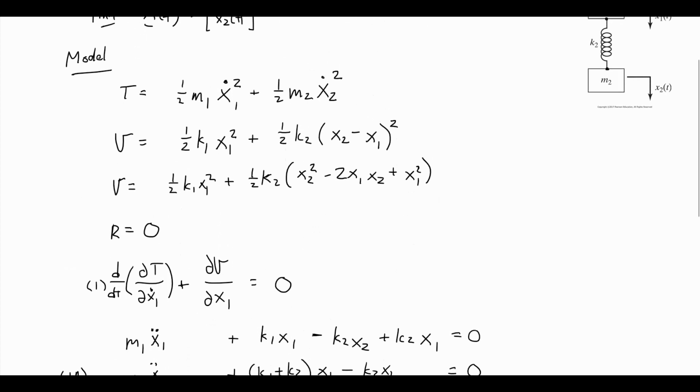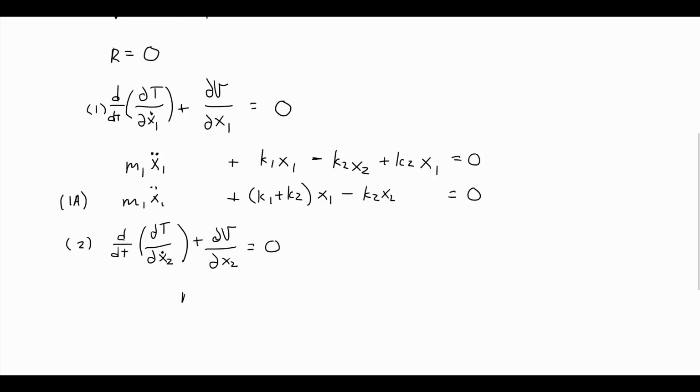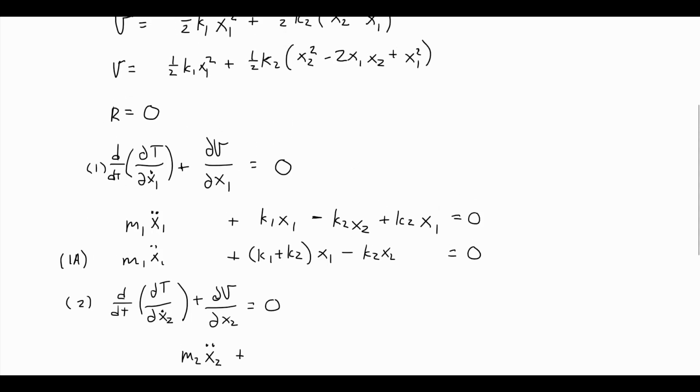Going back up, this is going to look very similar, m2 ẍ2. And now we differentiate V with respect to x2. And we're going to get, the first term will go away. There's only an x1 in it. And then we'll have a k2 x2 from differentiating that x2 squared.